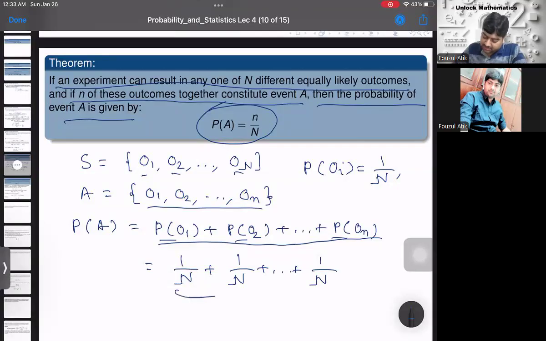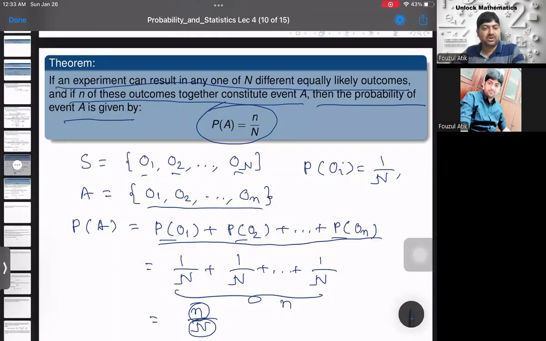But how many such numbers do I have? Small n number of them. So this value is equal to small n divided by capital N. Therefore the probability of the event A is equal to small n divided by capital N. That means number of favorable cases in A divided by total number of outcomes.